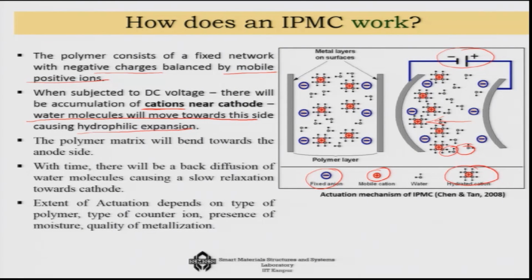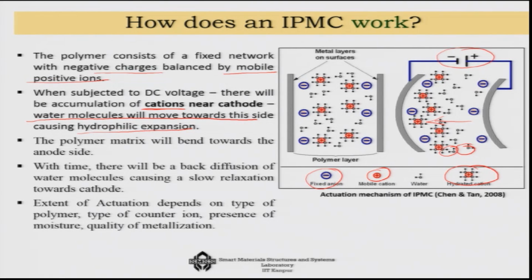As along with these mobile cations the water molecules are also moving towards the negative side, you are getting an expansion in this direction. This creates a large change of shape in the system.